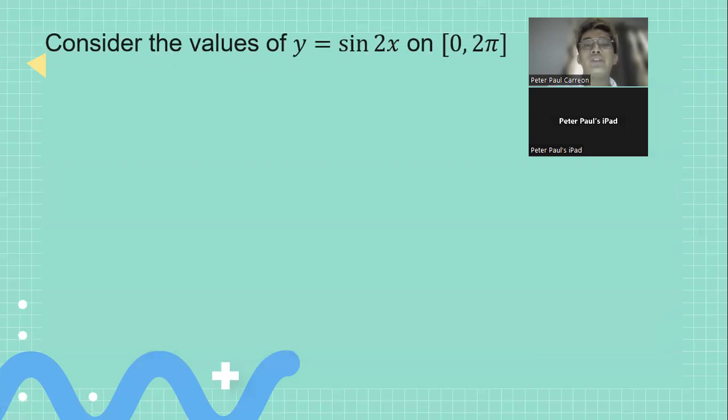Let us consider the values of y is equal to sine 2x naman. So what did you notice? Nagdagdag naman tayo ng value dun sa angle. Sa tabi ng angle, meron nang coefficient si x, meron tayong 2. Tawag natin sa value na yan ay b. So our b is equal to 2.